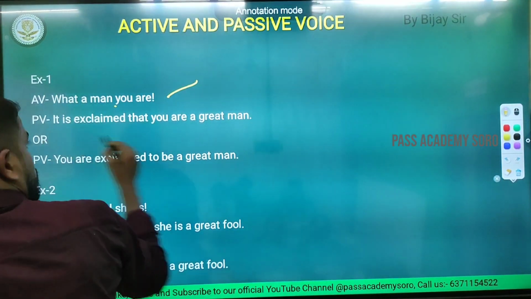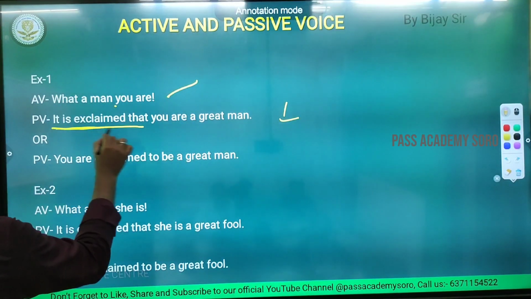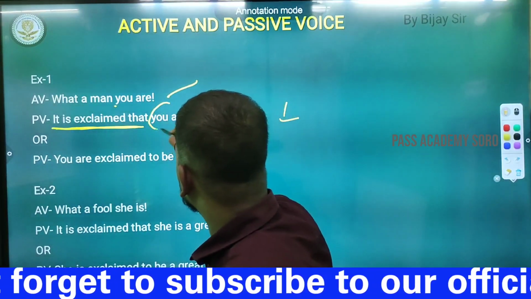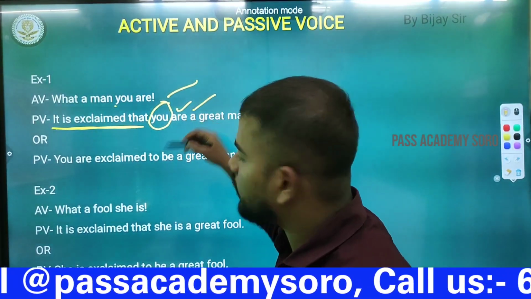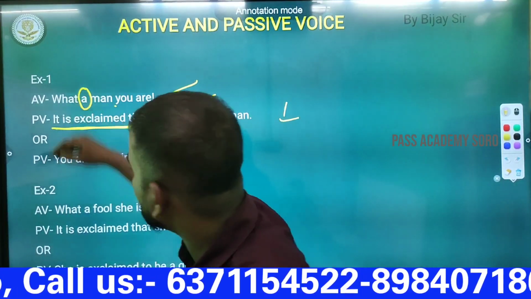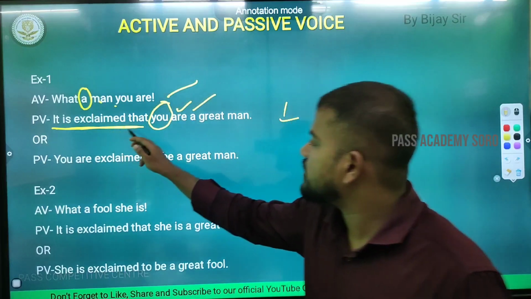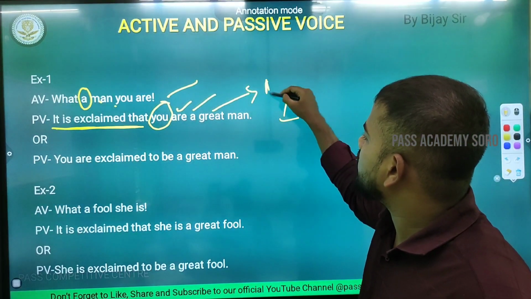Now we will convert it into passive voice using the first formula. It is exclaimed that, then the subject "you", then the verb to be "are", then a or an. Here it is "a"; if there is an, we have to use "an". Then we add an adjective.